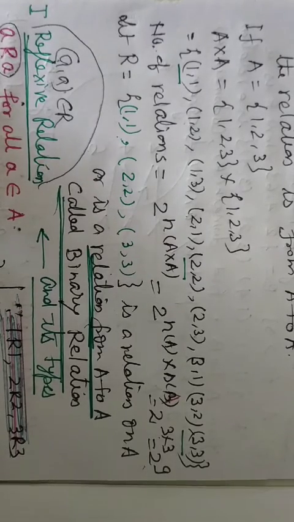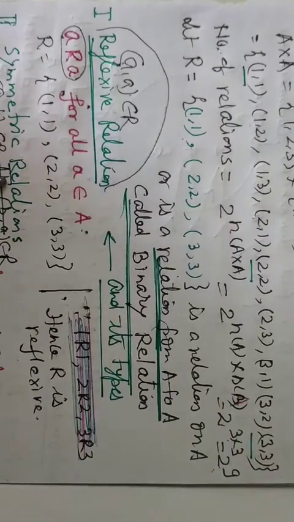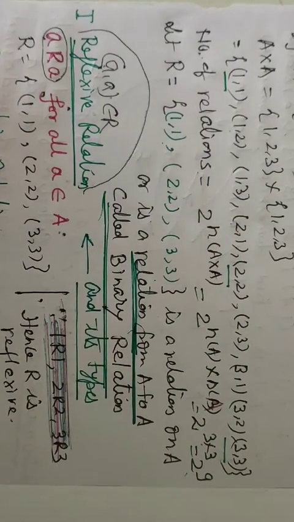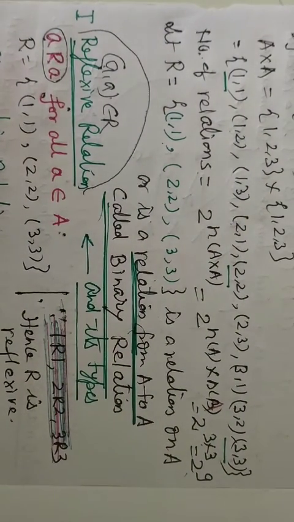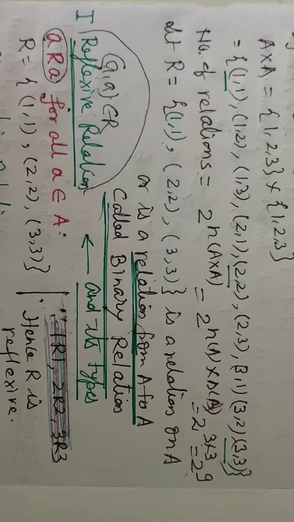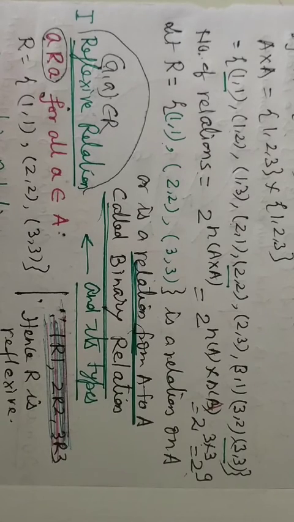Now, symmetric relation. If AB belongs to R, then BA belongs to R. Just now I am going to create one more relation: 1 2, then 2 1.